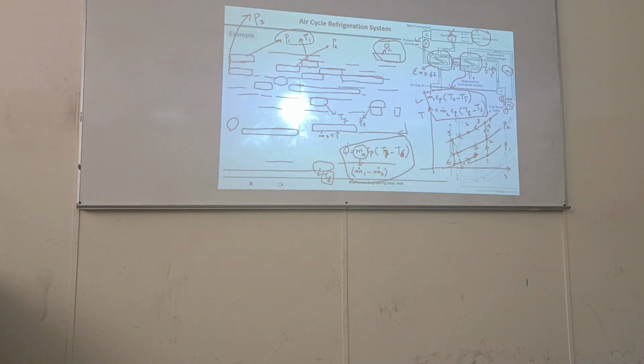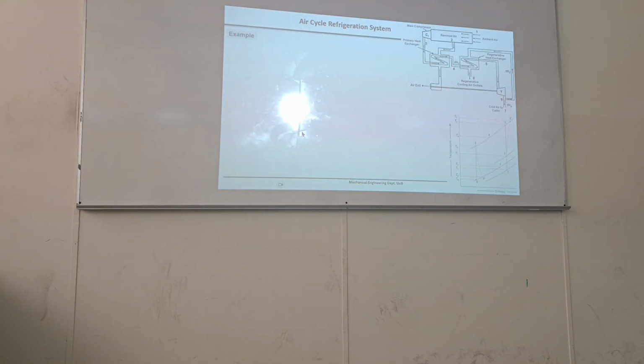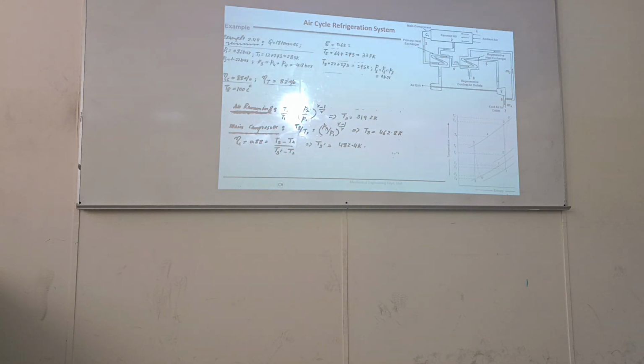Okay, so now I will solve it. Here is the given data, which we have now. Start calculating these temperatures starting from point 1. So first calculate point 2 temperature, isentropic compression. So this is T2. Then next another isentropic compression, calculate T3, and here isentropic efficiency is given.